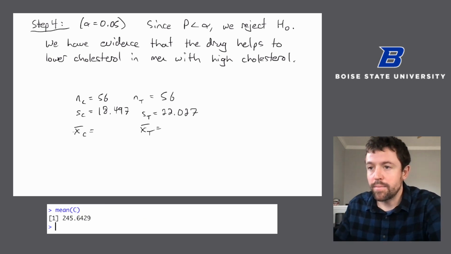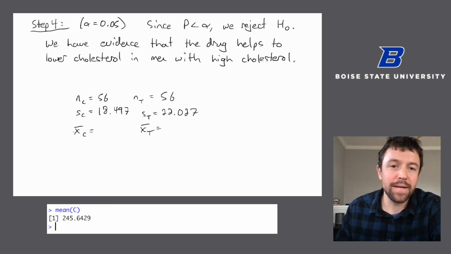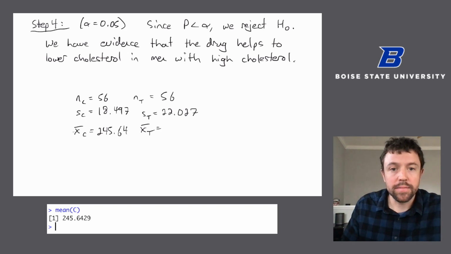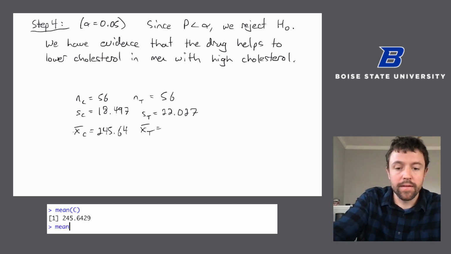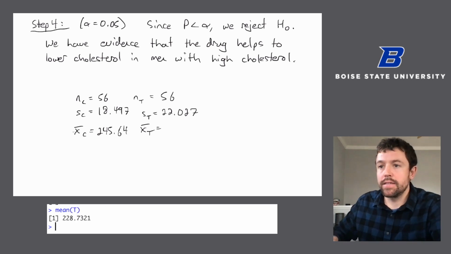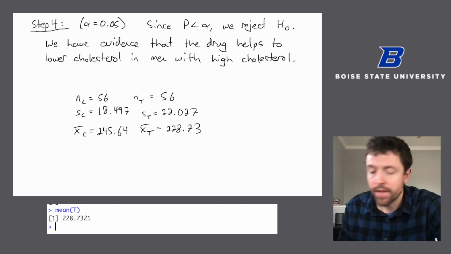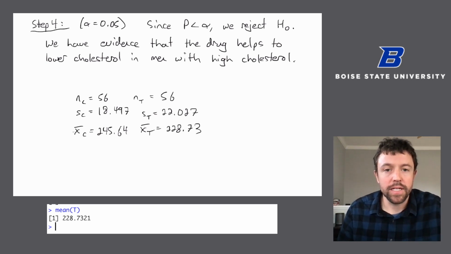So for x bar sub c, I'm typing this. I realize that I got this software output for the test, and it does tell you these things as well. And then x bar sub t is 228.73. So let's say I was just given this information.